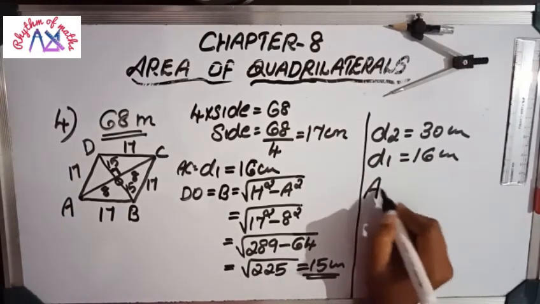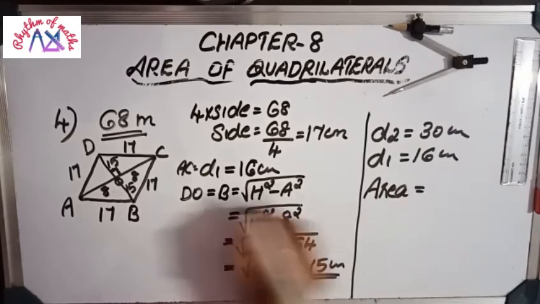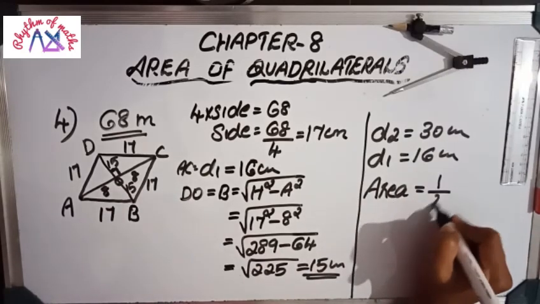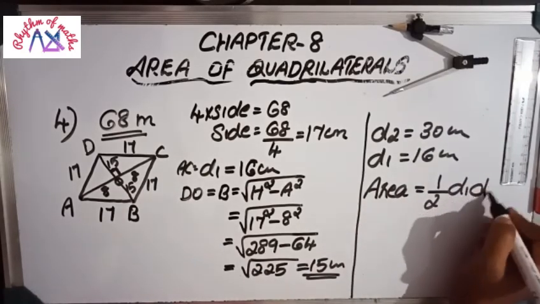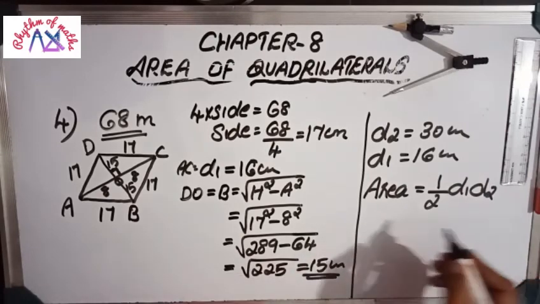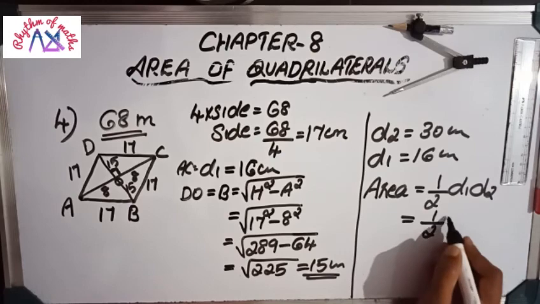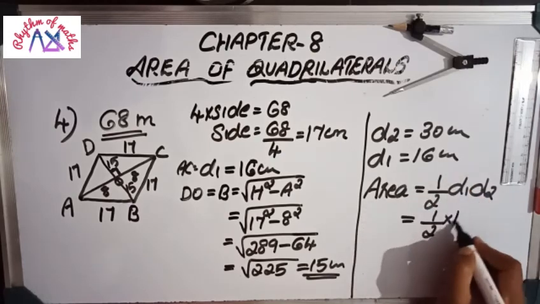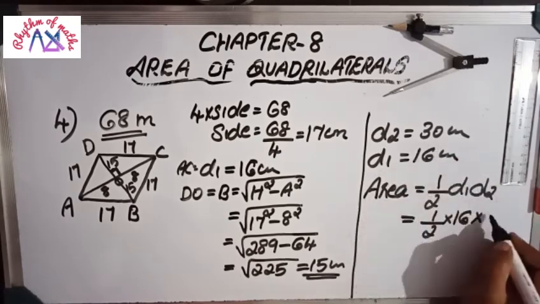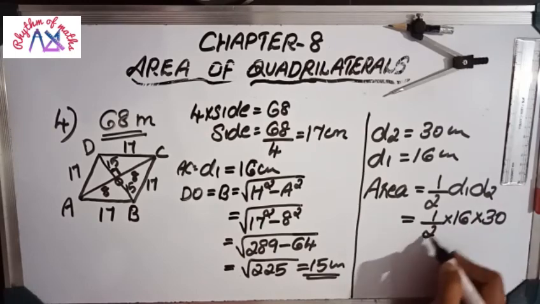Next we have to find the area of this rhombus. What is the equation? Half d1 d2. This is the equation to find area. So d1 and d2 we have. Let's apply. Half into d1 is 16 into d2 is 30. Let's simplify 2 and 16. In 2 only 1 2.